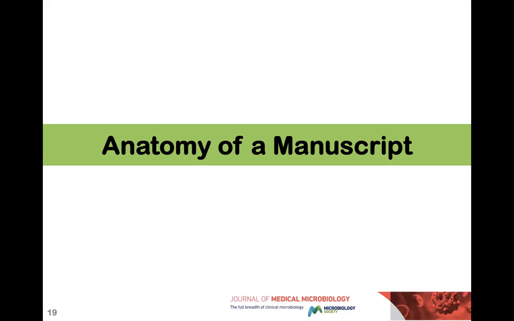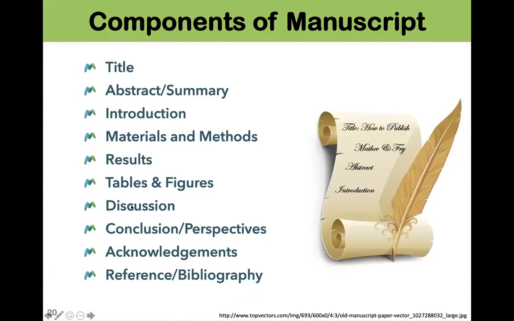So now let's go through the anatomy of a manuscript. And as you already know, obviously we all know this, right? There is a title, abstract, or summary, depending on the journal. Every article has an introduction followed by materials and methods, or just methods, results, tables and figures, discussion.